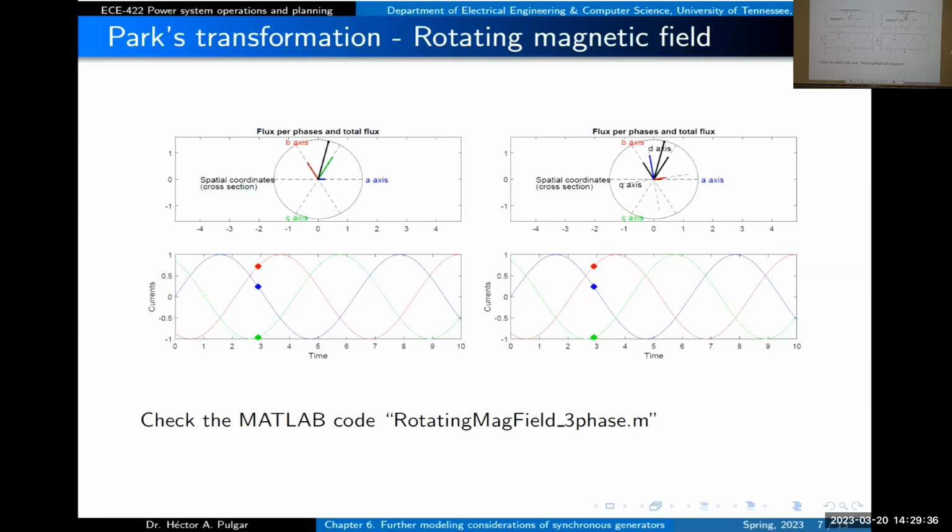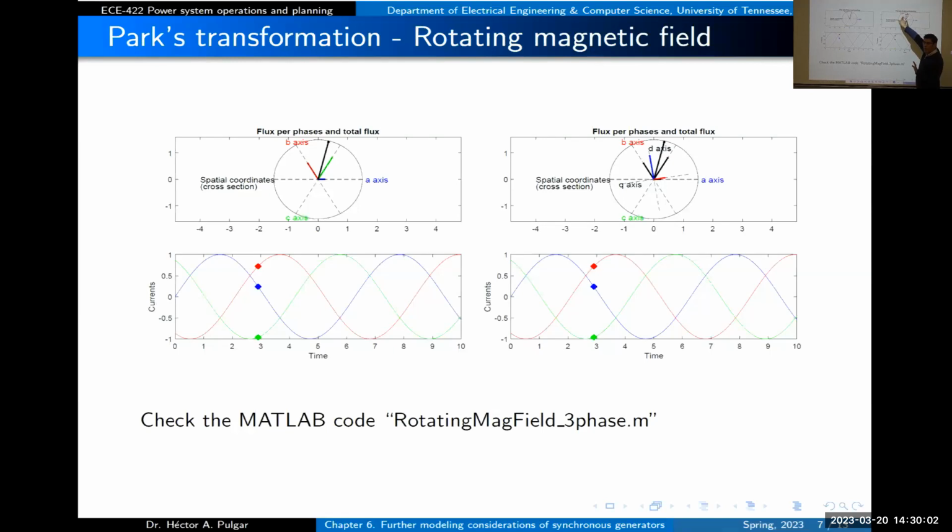Okay. If we do that now, using D and Q representation, the same flux could be obtained with a flux along axes D and Q. Now, the rotor will change at a given speed, but what happens to the flux in D and Q will remain constant.